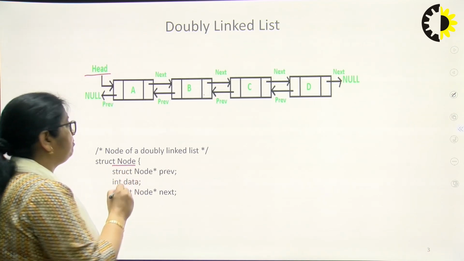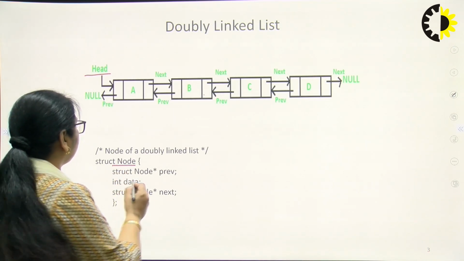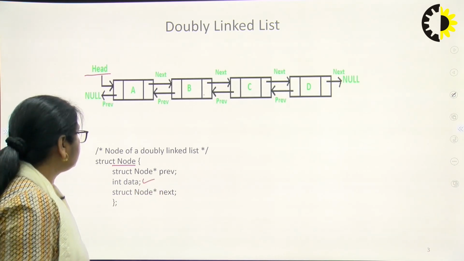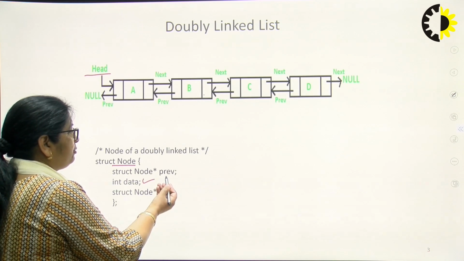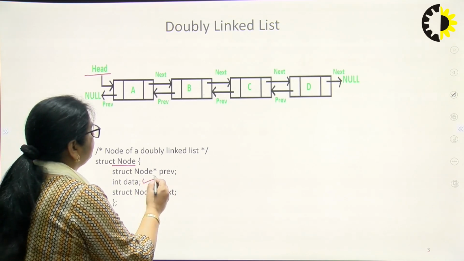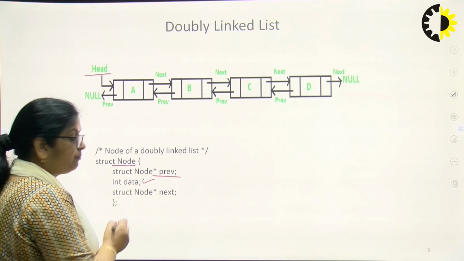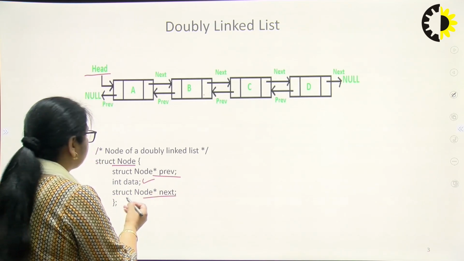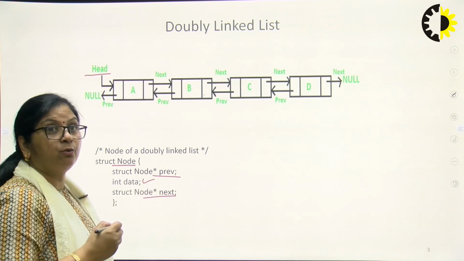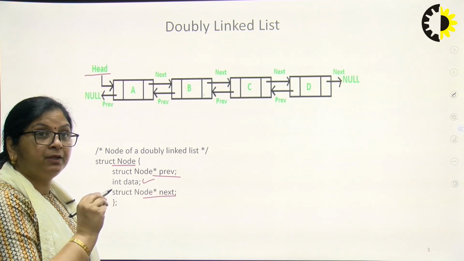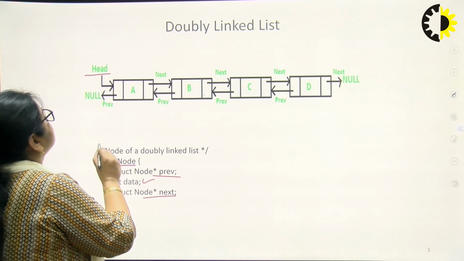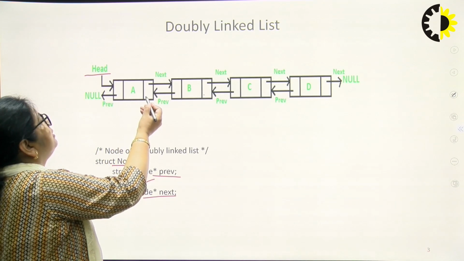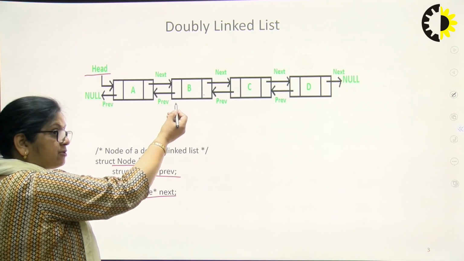The node contains the data, that is the information to be stored, plus a pointer to the previous node, struct node star prev, and a pointer to the next node, struct node star next. How is it different from a singly linked list? In a singly linked list, we have the data field and the next pointer, which contains the address of the next node.